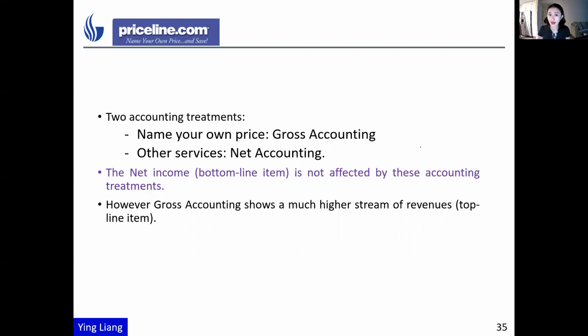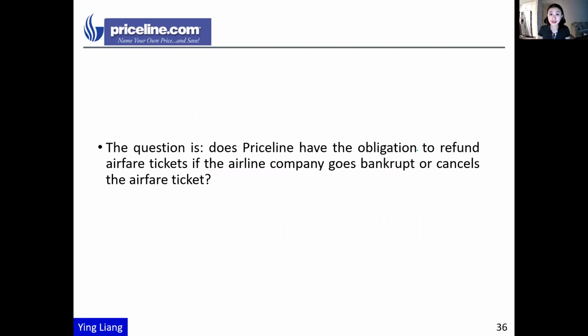And it turns out this is quite important for internet companies because you always want a higher revenue, but it's more important for internet companies because these startups, small firms, most likely have a negative net income for the first few years because they are expanding. They always put in a lot of expenses to expand their business. So it's meaningless to talk about net income for them. Instead, we will focus more on revenue, the top line, because revenue represents your customer base, and comparing revenue can show the growth of your customers.